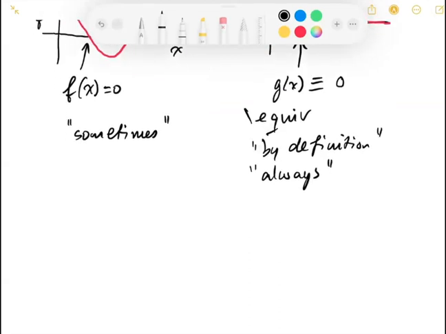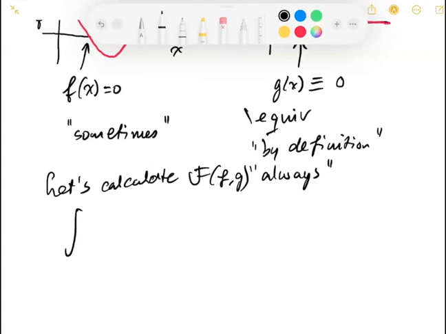Okay, so this comes back to our Fourier transform. Let's calculate the Fourier transform of f and g. So the Fourier transform of f is like this: integral of f of x e to the minus ikx dx.